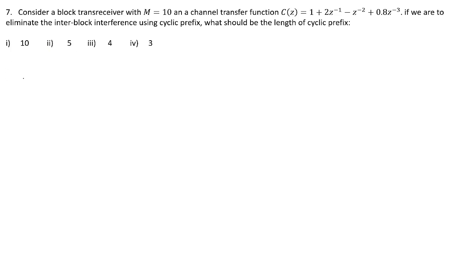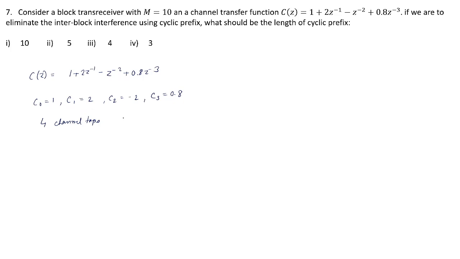So let me write down the expression of C(z) here. 1 plus 2z^-1 minus 2z^-2 plus 0.8z^-3. Therefore C0 is equal to 1, C1 is equal to 2, C2 is equal to -2, C3 is equal to 0.8. 4 channel taps. Correct.